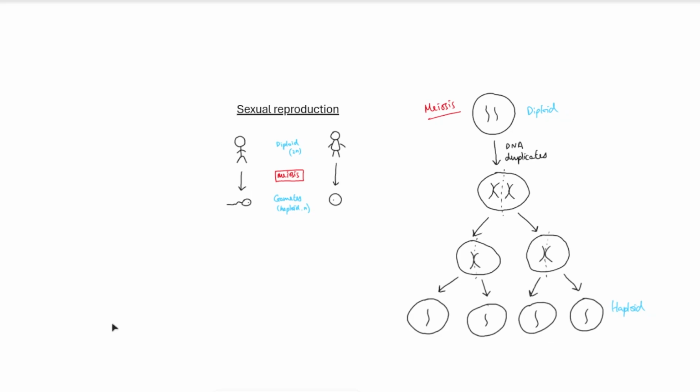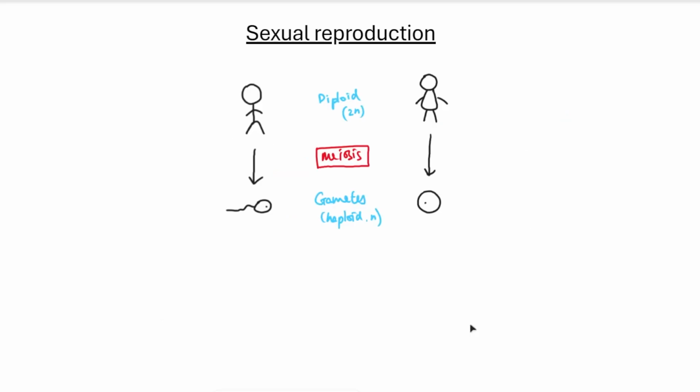Let's go back to the process of sexual reproduction. After the parents have individually gone through meiosis to produce the gametes, the sex cells, in the males it will be sperm cells and in the females egg cells. In the case of humans, it would be 46 chromosomes in the human cells, ending up with 23 chromosomes in the gametes.